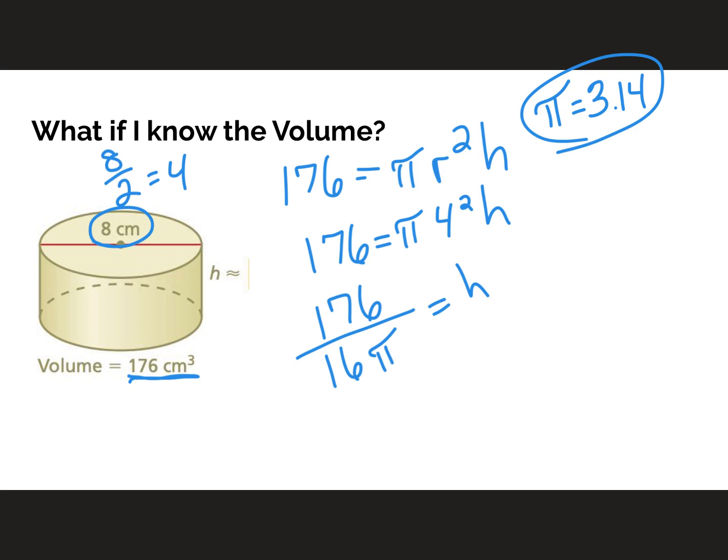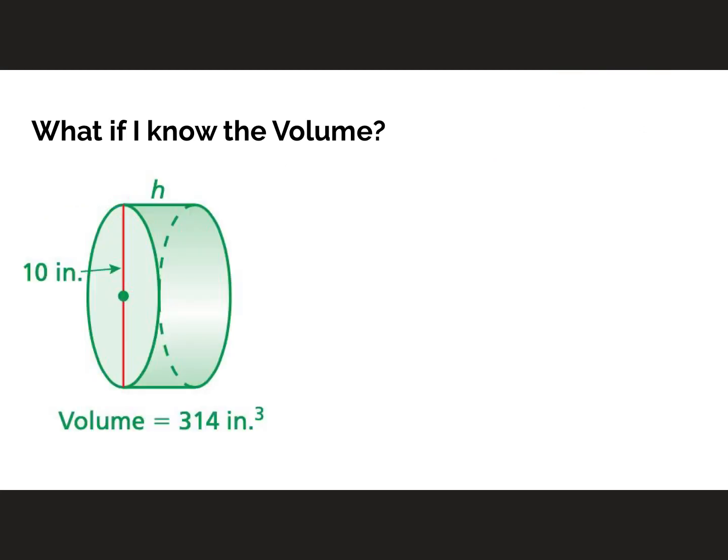Okay, so you're going to put that in your calculator. 176 divided by 16 times 3.14. Put that in, you should get my height equals 34.54. That's all we're doing. Again, you're using your calculator.